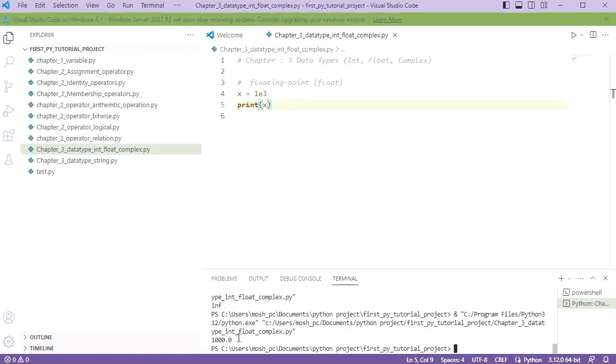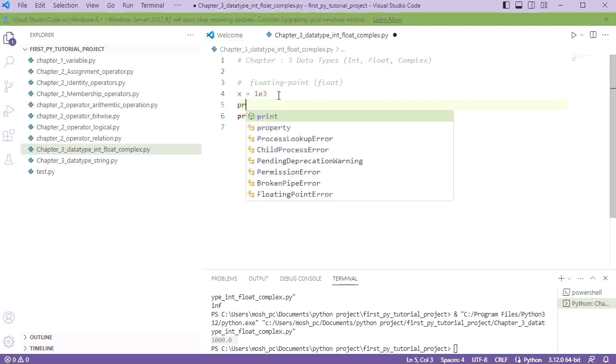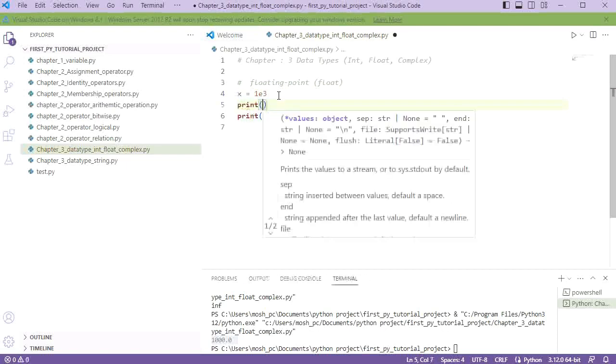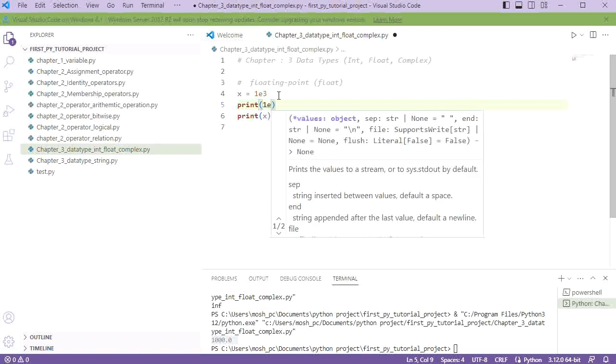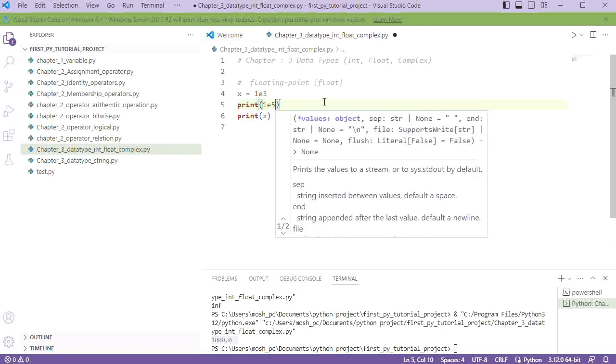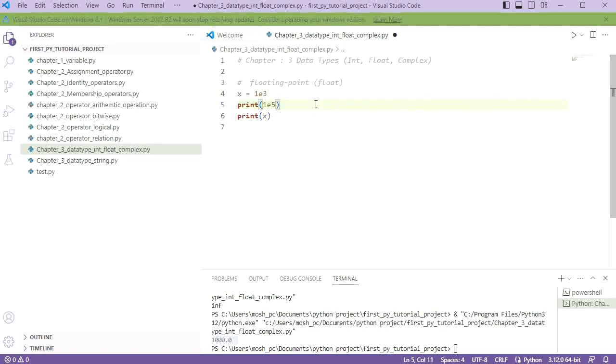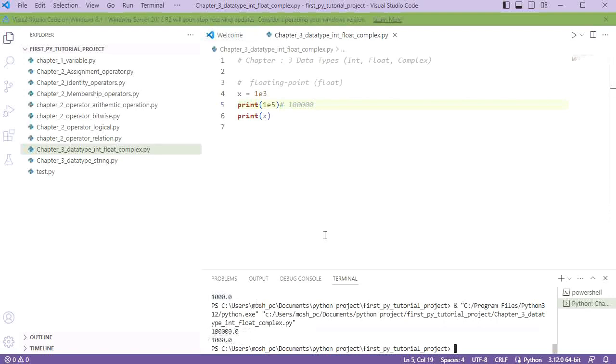As you can see here, we got 1000.0 as output. Here we will use one more floating number of this type. As you can see here, we got 100,000.0 as output.